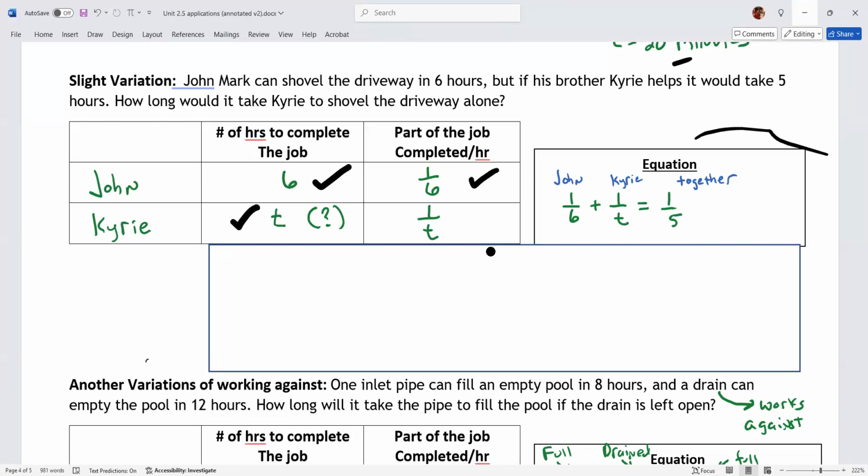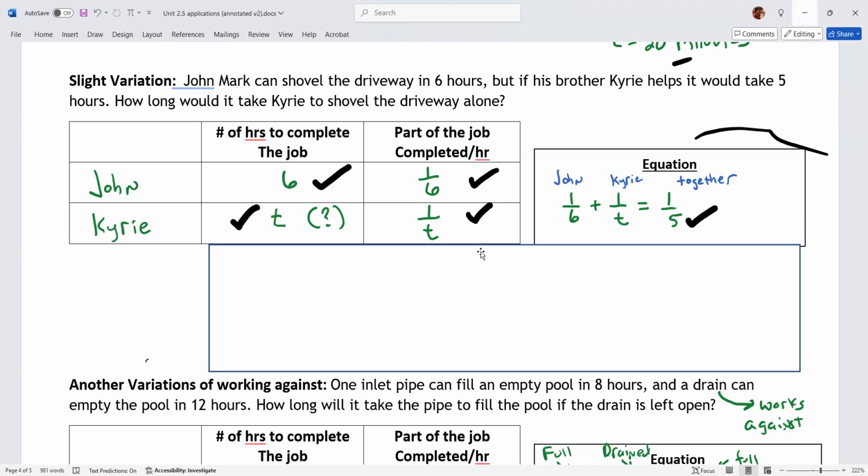Therefore, the part of the job done by Kyrie, we don't know. It's going to be one job in T hours. We're trying to compute that, but we know if they work together that it will be done in 5 hours. So instead of a variable here in the denominator, we have the actual time that it would take combined. Slightly different: instead of the variable being on the other side of the equal sign, it is one of the rates of work we're trying to compute.